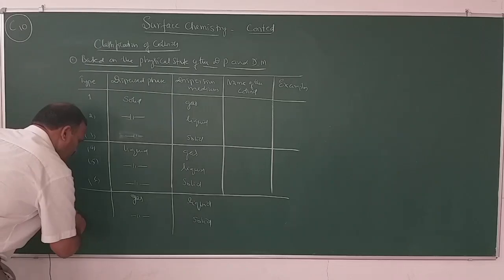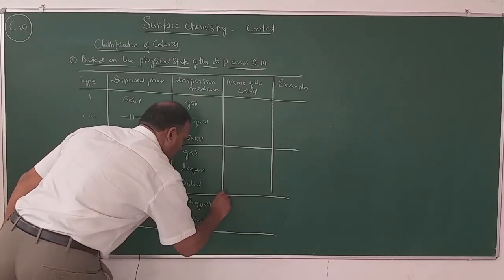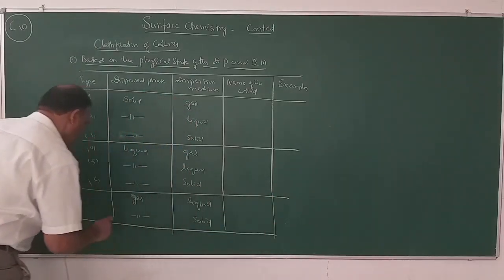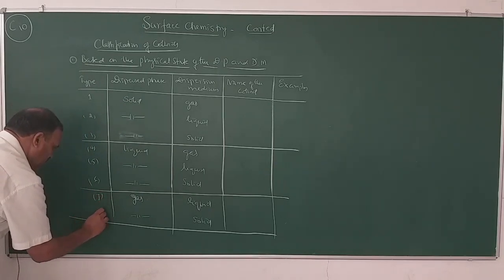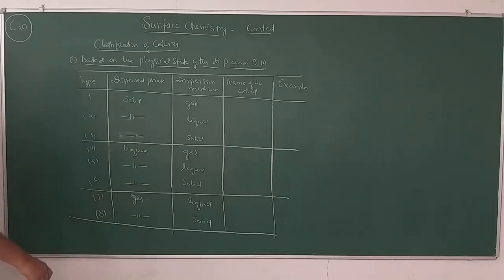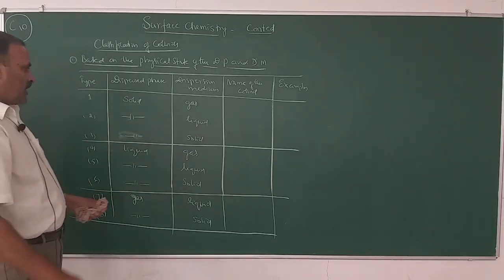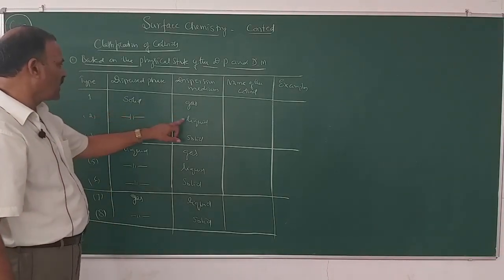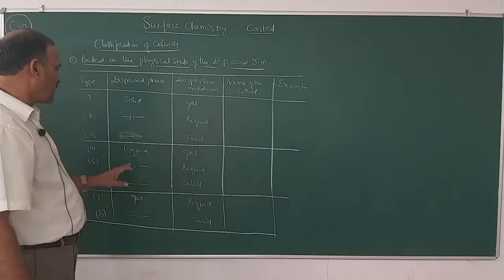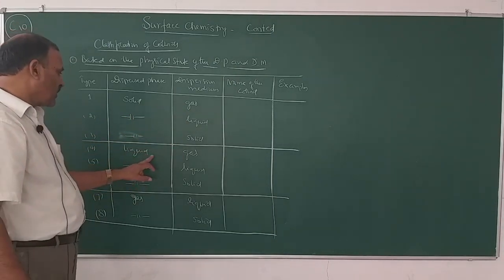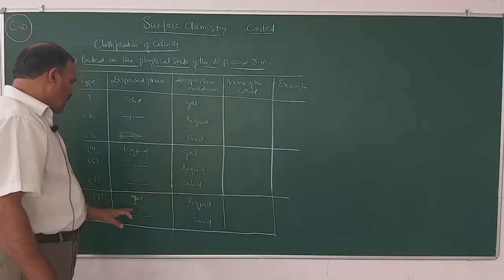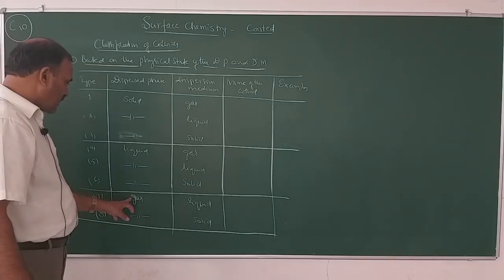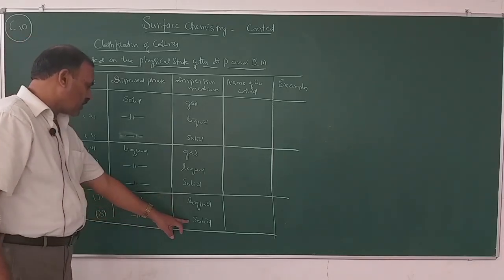So, depending upon the physical state of dispersed phase and dispersion medium, these are the 8 types of colloids. First 3 types: solid in gas, solid in liquid, solid in solid. Second type: liquid in gas, liquid in liquid, liquid in solid. And last, gas in liquid, gas in solid.